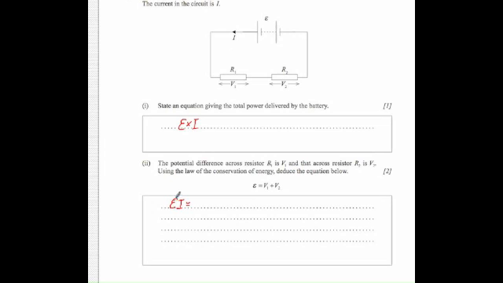So EMF times I must be equal to the energy dissipated here, so that's going to be V1 times I, plus the energy dissipated in the second one, which would be V2 times I. And the I's cancel, and we get this rather obvious answer.